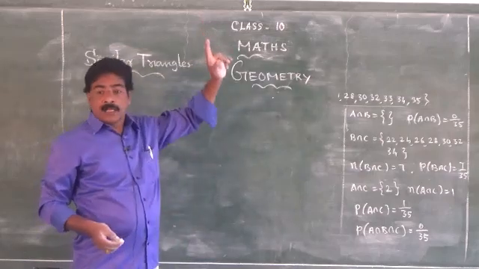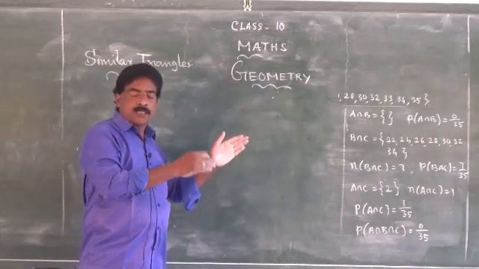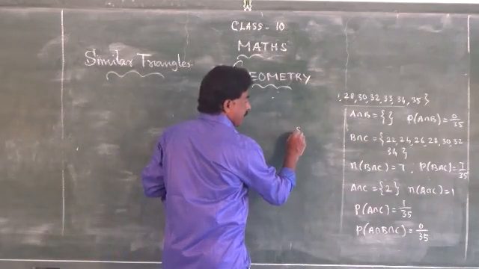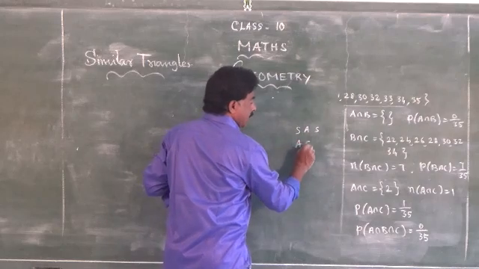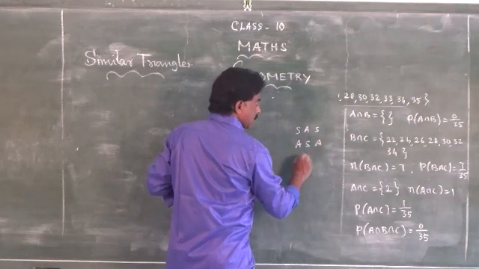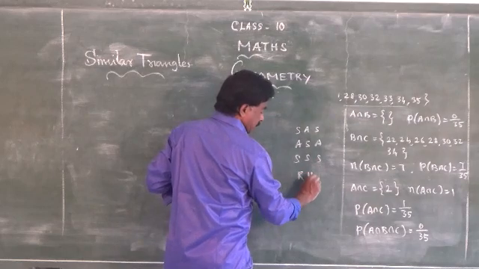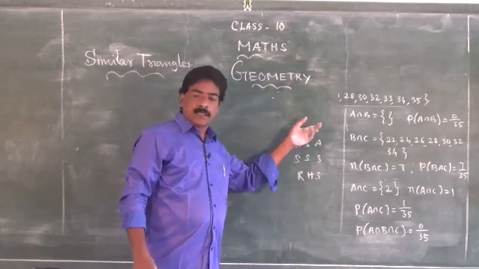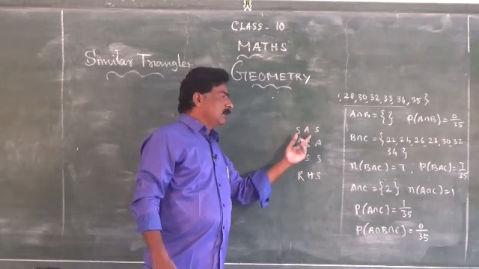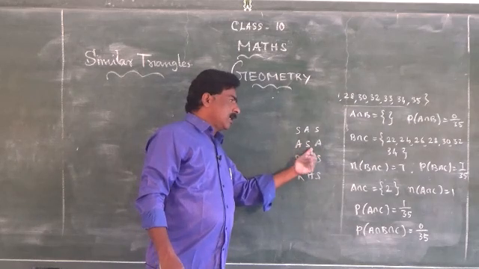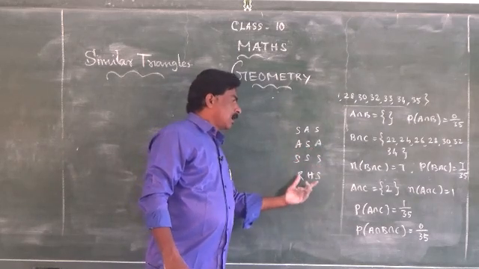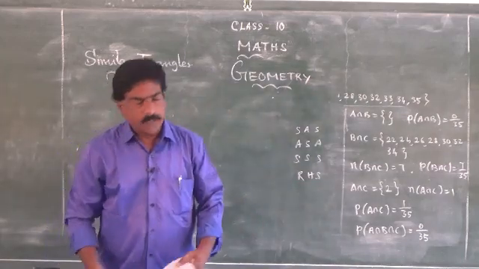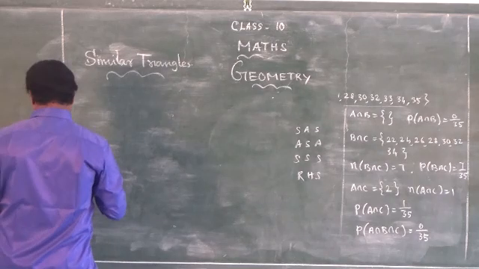So instead of comparing all three angles and three sides, we use congruence postulates: side, angle, side; angle, side, angle; side, side, side; and RHS. So only three parts we took, instead of all the three angles and three sides: two sides and the included angle, two angles and a side, all three sides. RHS is for right angle triangles. In the same way, for similarity also, we have three criteria.